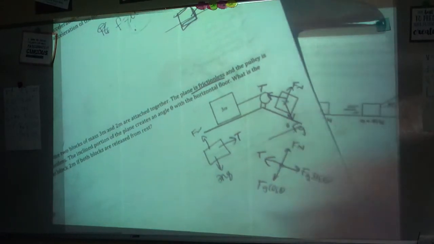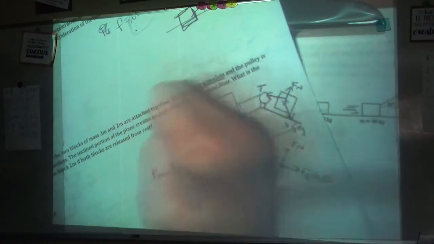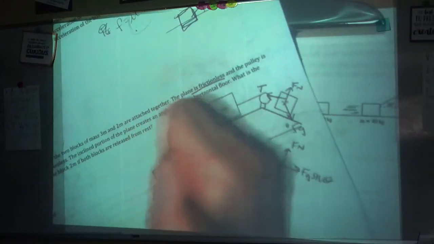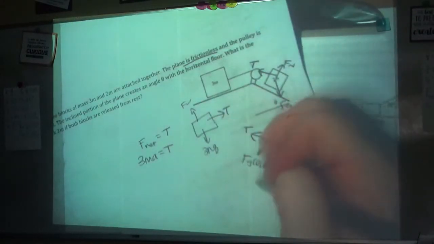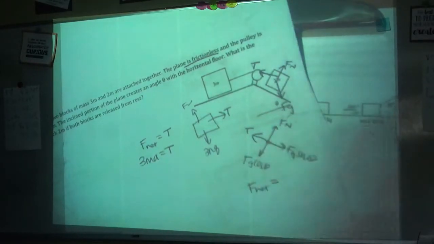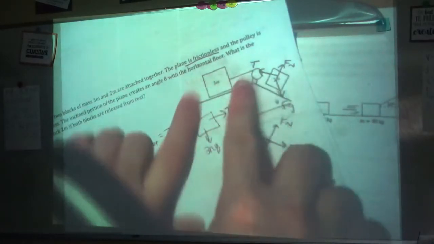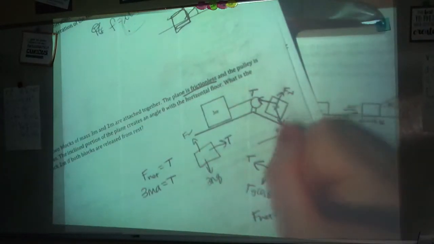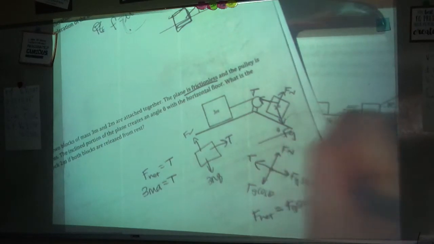So write your net force equation. For the 3m block, it's easy. It's just the tension. So 3ma equals tension. And for the 2m, net force for this guy, and it's going to accelerate this way because the only force on this one is pulling it to the right, would be Fg sine of the angle minus tension.